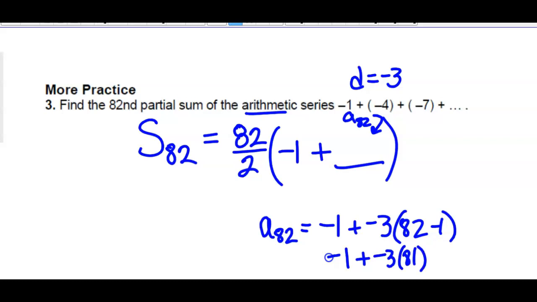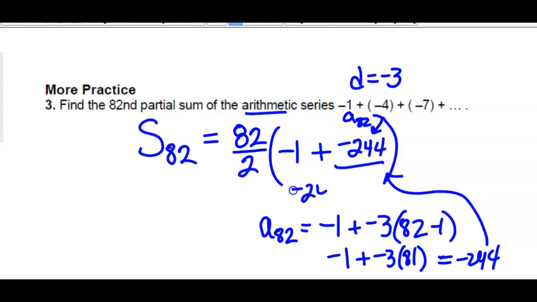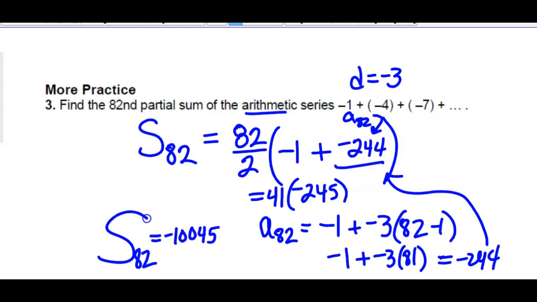Negative 244 maybe? Okay. And that's the 82nd term, so that one goes here. Because it says you add the first and last term, which would be negative 245. And then you take the number of terms divided by 2, even if it's a decimal. This one comes out nice. And then you multiply. And I got the sum of the first 82 terms is negative 10045.